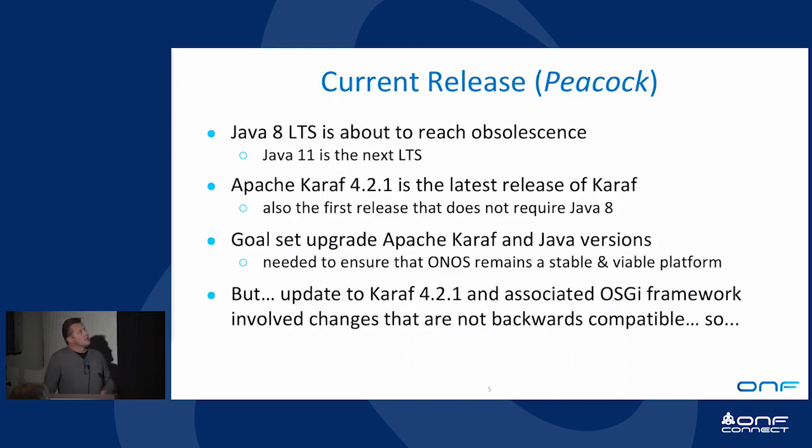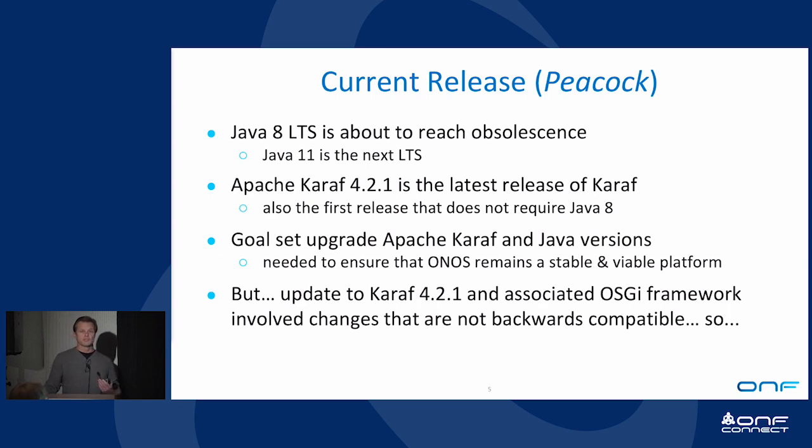But in August, and this is starting to describe the current release, where we're still in the middle of the Peacock release, we realized that Java 8, which is a long-term support release, is going to reach obsolescence, and that Java 11 was going to be released. It was released in September as the next long-term support release.